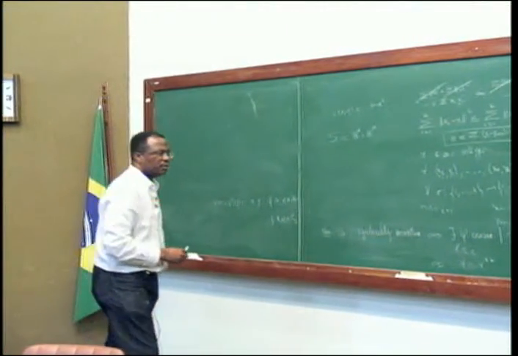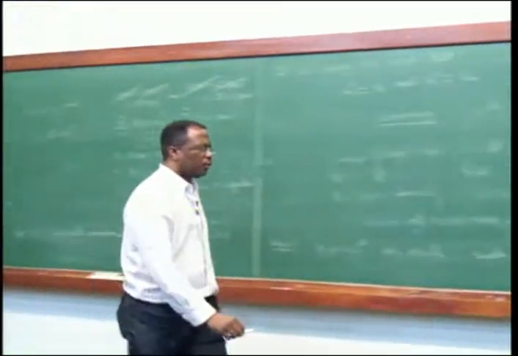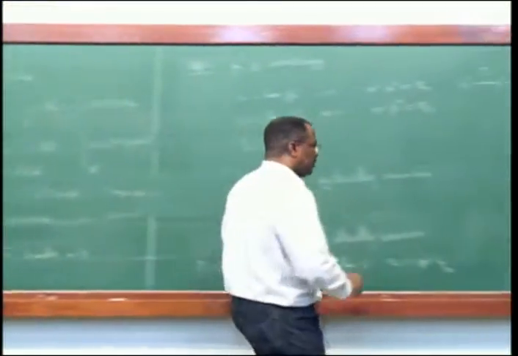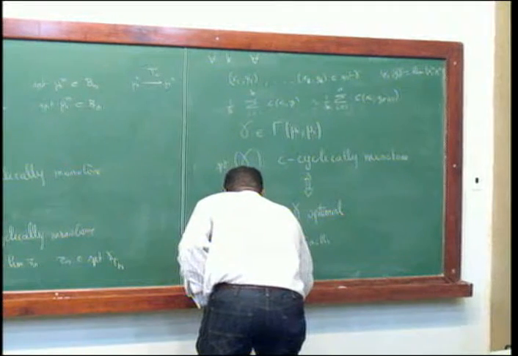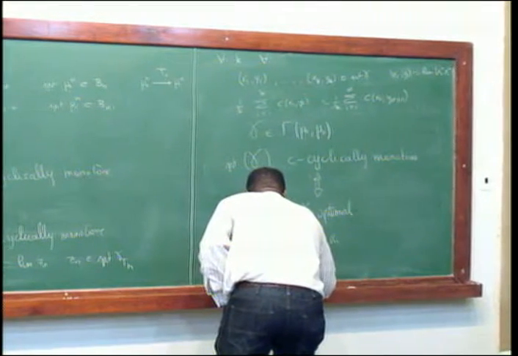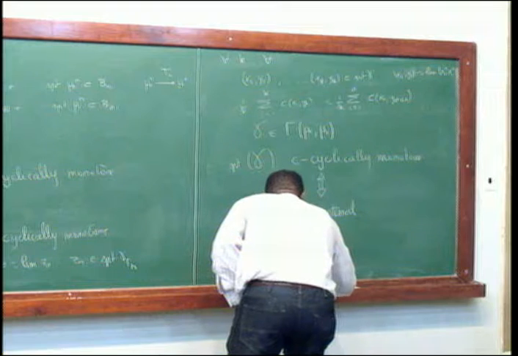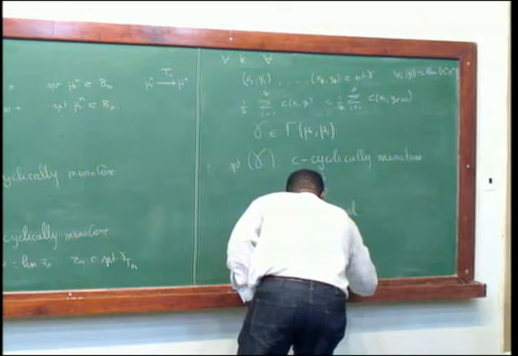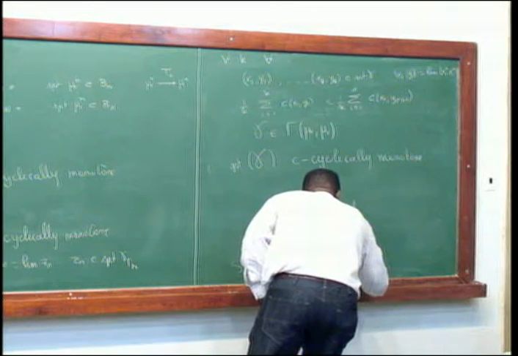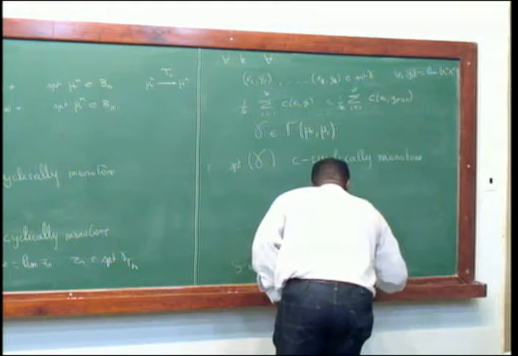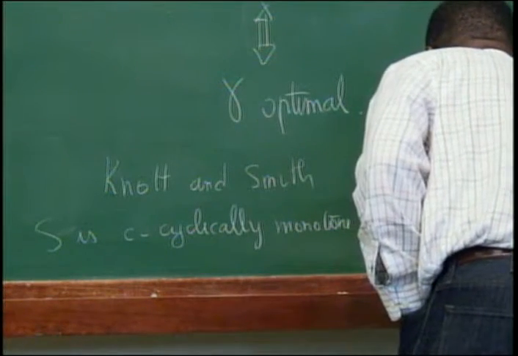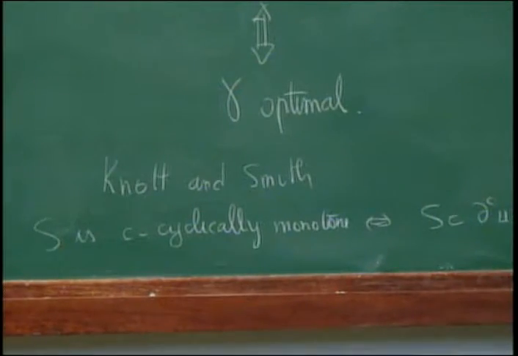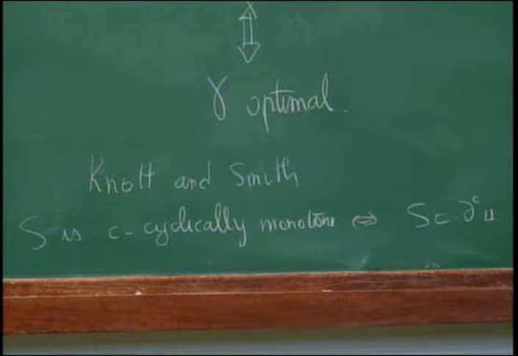So what the plan will be: it is very easy to prove that S is c-cyclically monotone if and only if S is a subset of the c-superdifferential of a function.